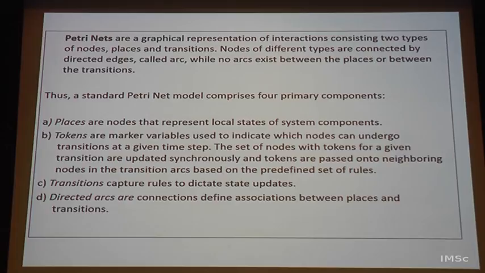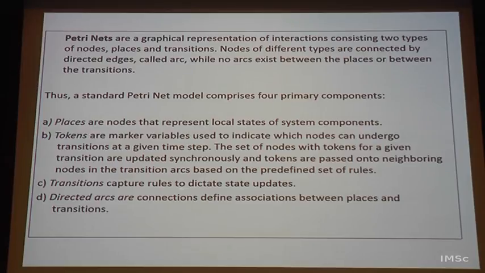These are the examples out there. At a given time step, the set of nodes with tokens for a given transition are updated synchronously, and tokens are passed on to neighboring nodes in the transition arcs based on the predefined set of rules. Again, there are rules of which can transmit to which one and when and upon what trigger. That kind of thing can be updated here.